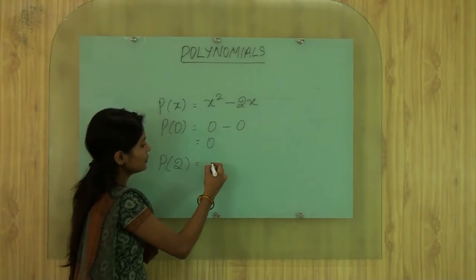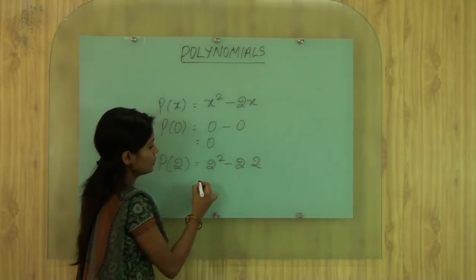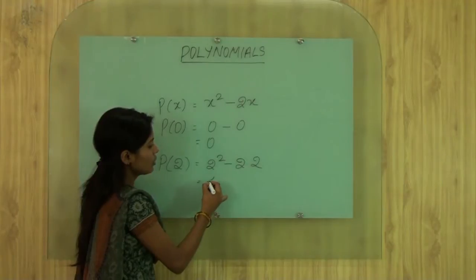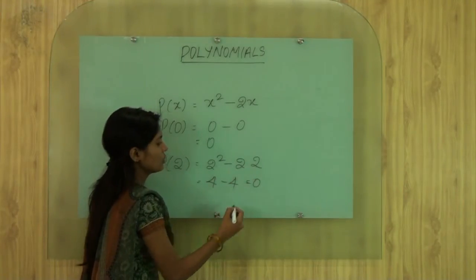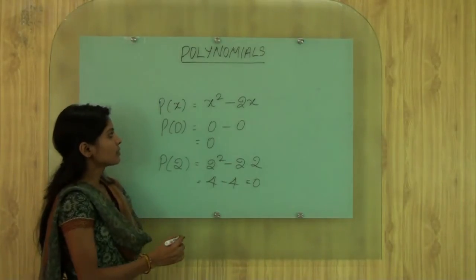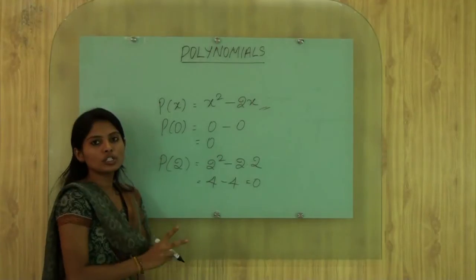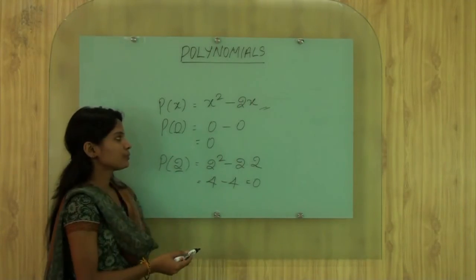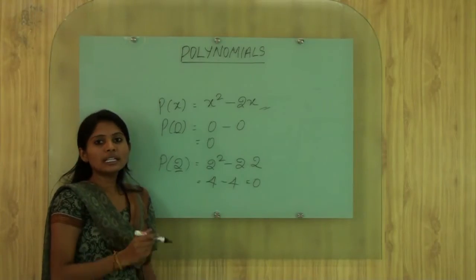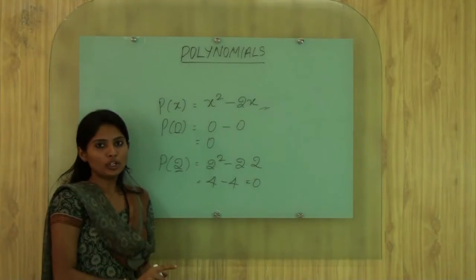P of 2 is equal to 2 square minus 2 into 2, which is 4 minus 4, equal to 0. Here we can see that this polynomial has two zeros. One is 0, another one is 2. But for a linear polynomial there is only one zero.